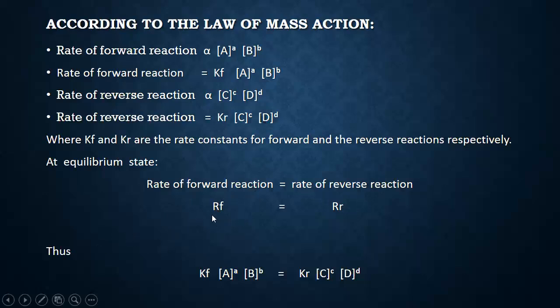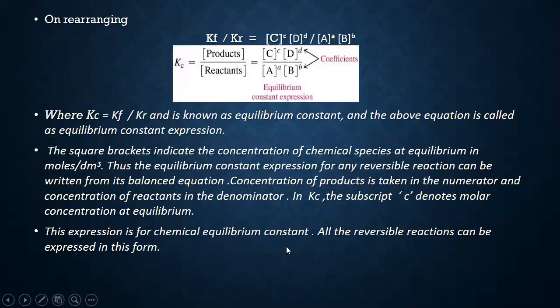Thus, by putting the values of RF and RR, we get Kf times reactants A and B is equal to Kr times products C and D. On rearranging, or by taking the constants on one side and the variables on the other side, the above equation becomes Kf divided by Kr is equal to the products C and D with their number of moles present in exponent form divided by reactants A and B with their number of moles.